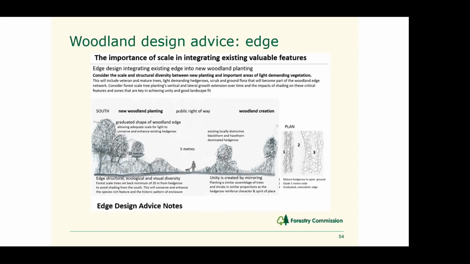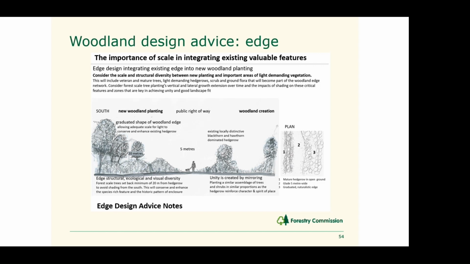We've got an advice document coming out quite soon about how you can integrate edge or create edge within new woodlands. So this cross section is just showing where there was a very good network of blackthorn hedges that were really very valuable for birds and wildlife and insects, and how it's really important, as I said earlier, to set your forest scale trees well back, particularly on the south edge of that, so that you don't shade out your hedge in 10 years or so.